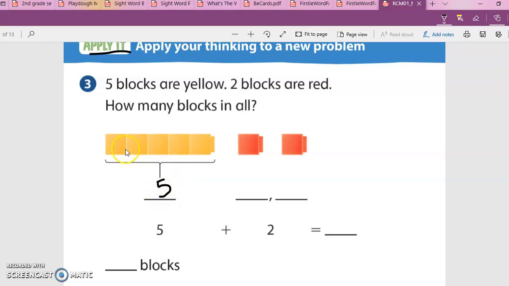When we start counting on, we always start with a bigger number. So then we count on from 5 and we say 6, 7. So 5 plus 2 equals 7. And we have 7 blocks. iReady just likes to see how many times you can write the same number sometimes.